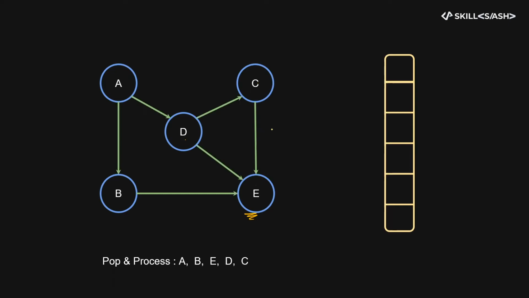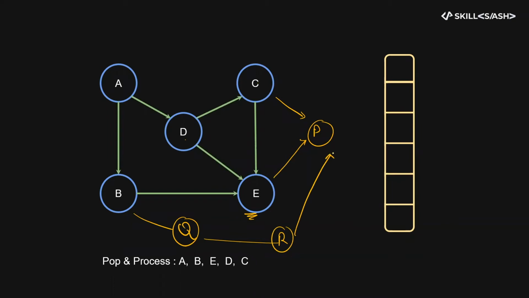There may be some other nodes as well. Let's say E is pointing to P as well, and B is pointing to Q, and Q is pointing to R, and R is pointing to P. Such kind of graph is also there. So the point is, when you went from A to B, B to E, and E to P, then after P, when you're coming back, you should not process the same edge like D to E, E to P again.